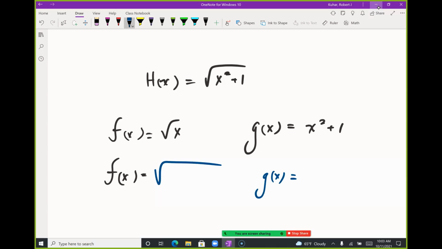I'm not sure. It's not easy to do this right away. It takes a little bit of practice. But if you can imagine I'm plugging in x squared, right? What would I have to plug in x squared to get x squared plus 1?